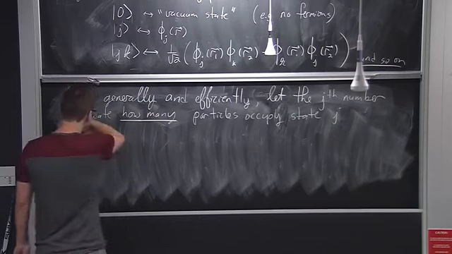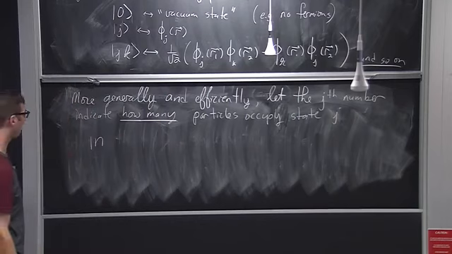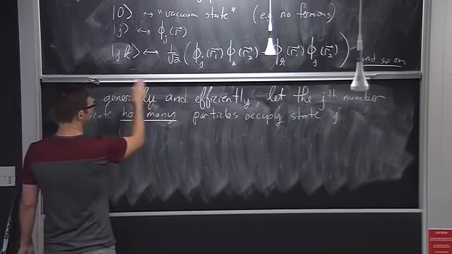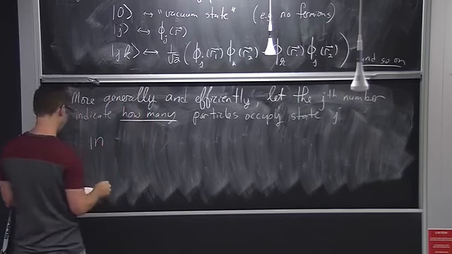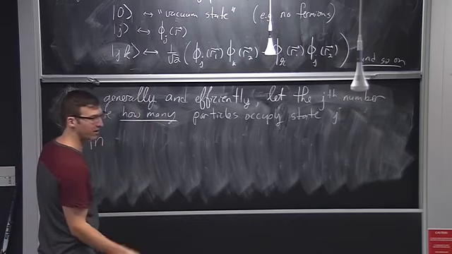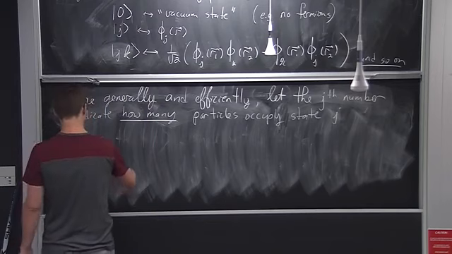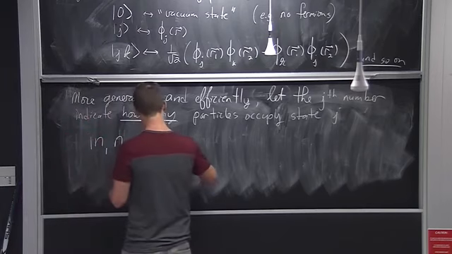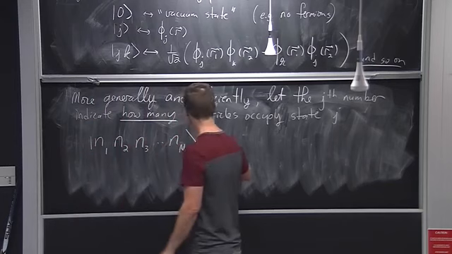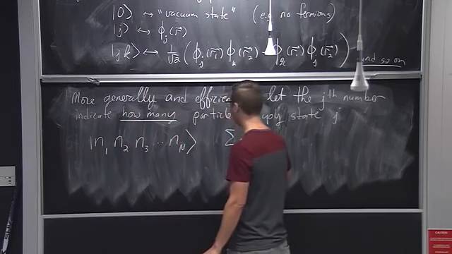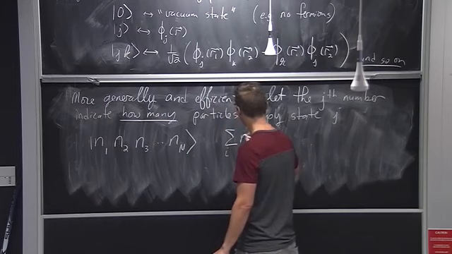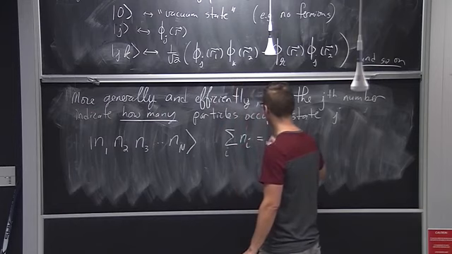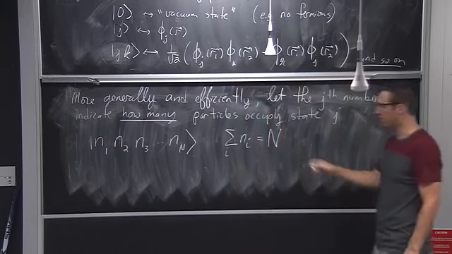Okay, so I use n for that occupation number, and I have all these different states, j, k, whatever they are, and I'm going to basically order them such that the sum of all the occupations is equal to the total number of particles in the system.